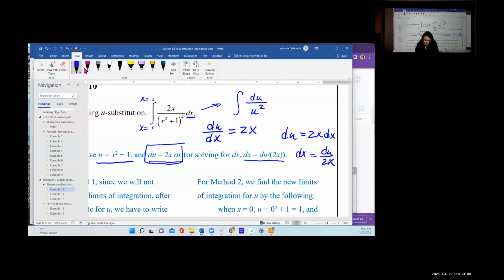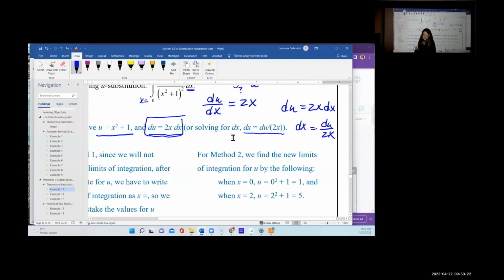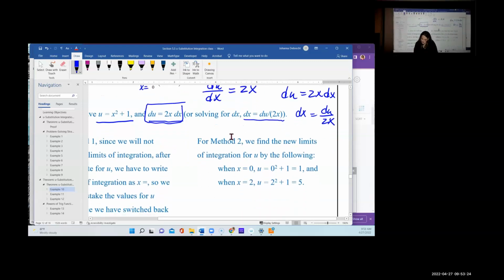Now we need to have something here and something here for the limits of integration that are in terms of u and not in terms of x. But we have a definition for u. So we're going to start here, and I'm going to rewrite the definition for u right here. This is our relating equation.